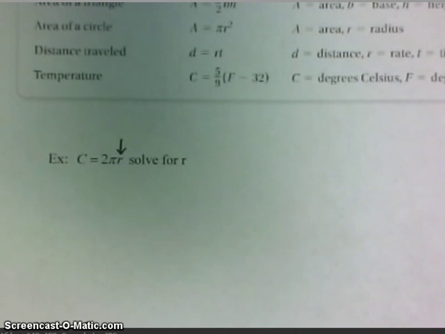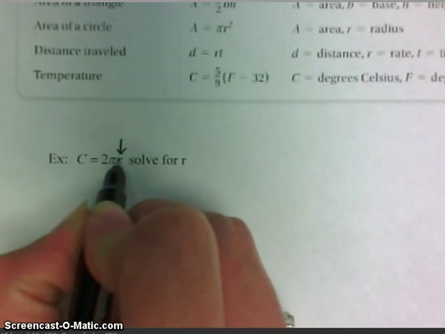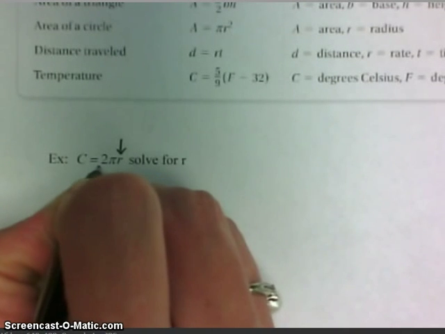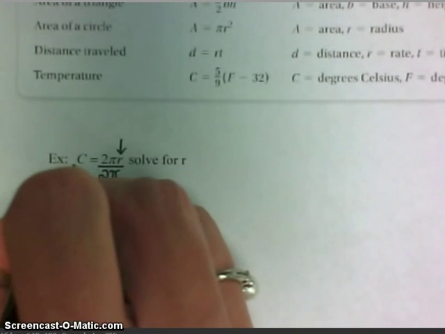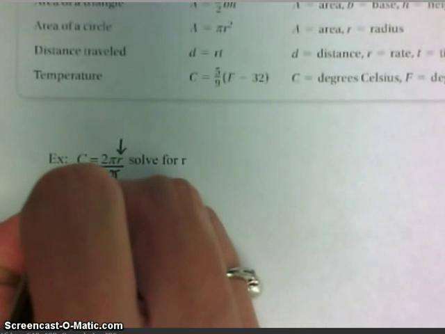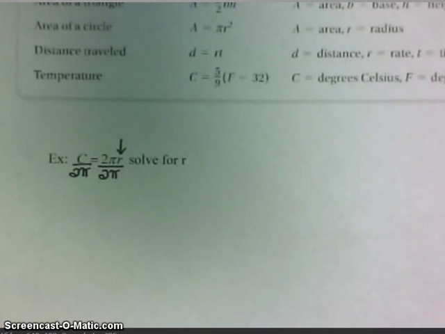Then ask yourself, how are they stuck to r? Well, they're stuck by multiplication, because they're all side by side, so that's multiplication. The inverse of multiplying by 2 pi would be dividing by 2 pi. But I can't divide c by 2 pi, not really. But that would be your answer. And we'll go over that more in class.